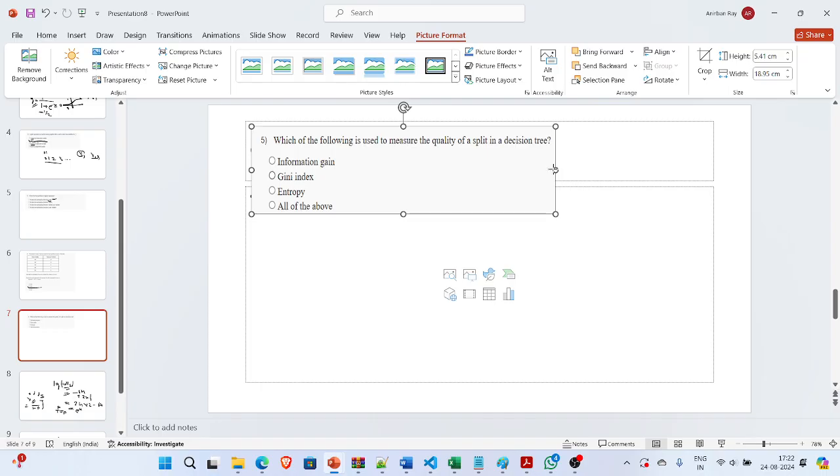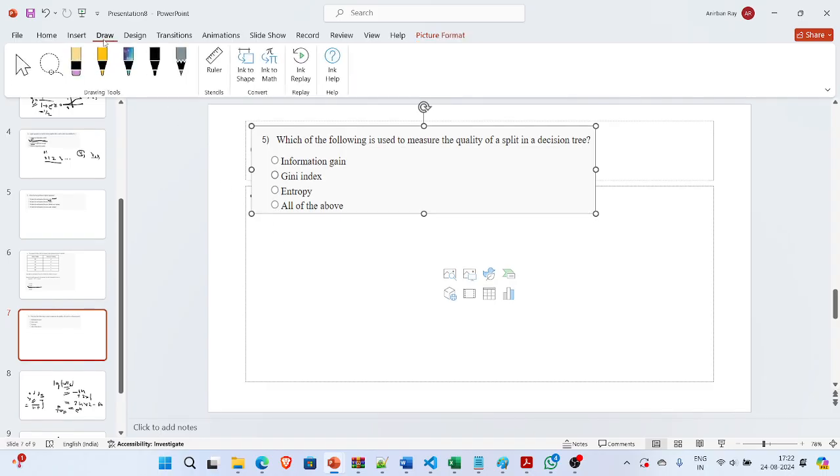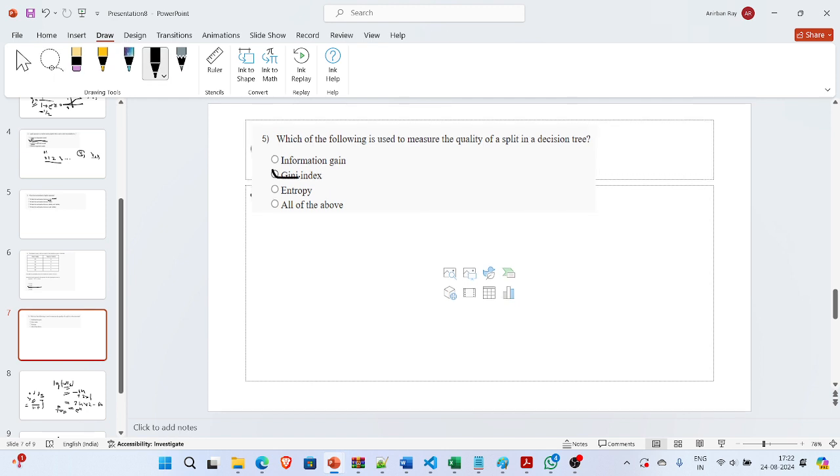As you can see, these are all the three required. Gini index and information gain, we exactly use these to do the split, so it is very important. Entropy is the precursor to information gain. So all of this is important. This is the answer to question number 5.